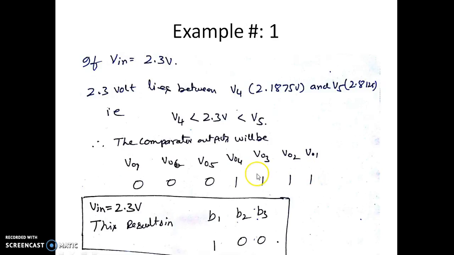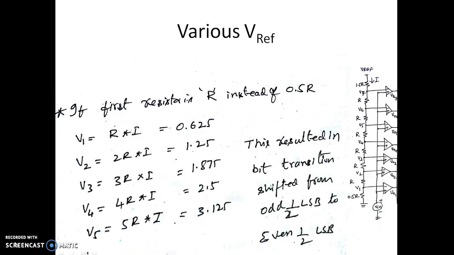Why all the four are high is because for the comparators starting from the bottommost, second, third, fourth, the input voltage is more than the reference voltage. When the input voltage is more than the reference voltage, as per the connections we have given for the comparators, V plus is more than V minus, so we are supposed to get V01 as high.